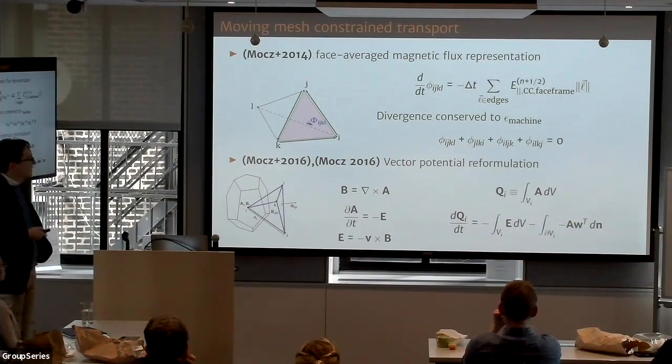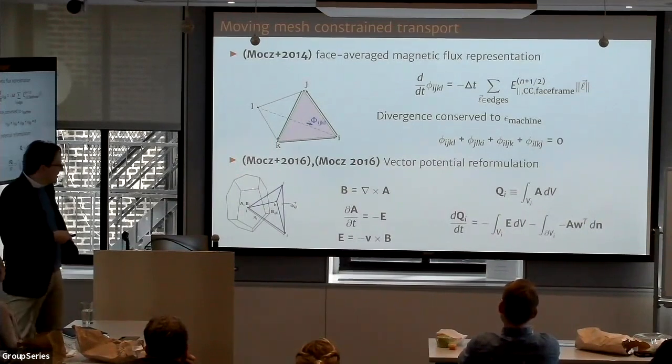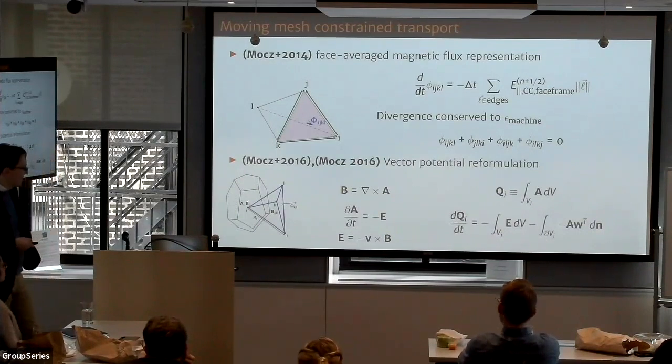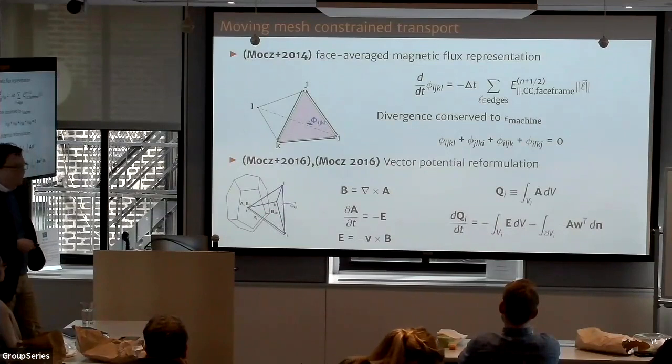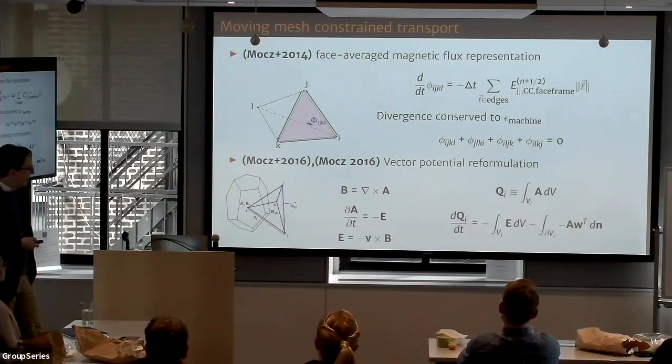There is also this second nice property of the Voronoi mesh that I use, which simplifies the calculations: instead of working on the polyhedral cells, it's cleaner to work with the dual of the graph, which is the Delaunay triangulation. This dual always gives you tetrahedra, which are better behaved. And ultimately, I can keep track of cell-averaged magnetic fields and cell-averaged vector potentials that allow me to uniquely reconstruct the magnetic field on these tetrahedra in a divergence-free way.